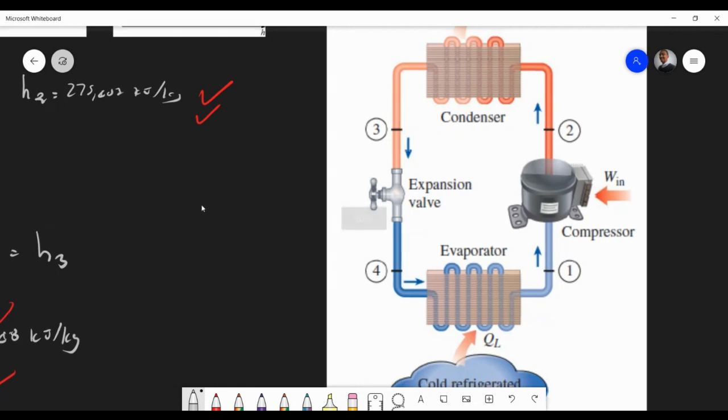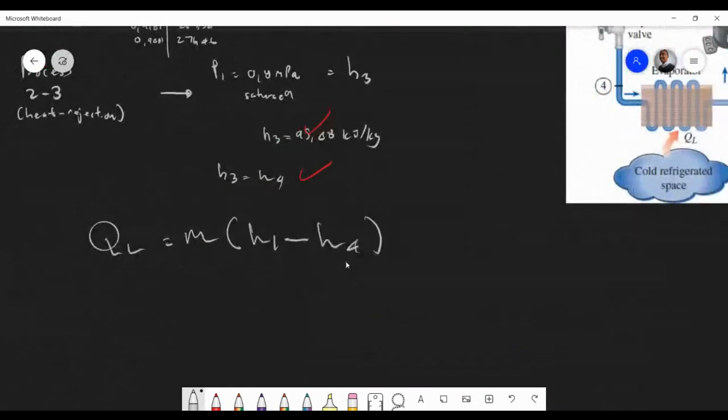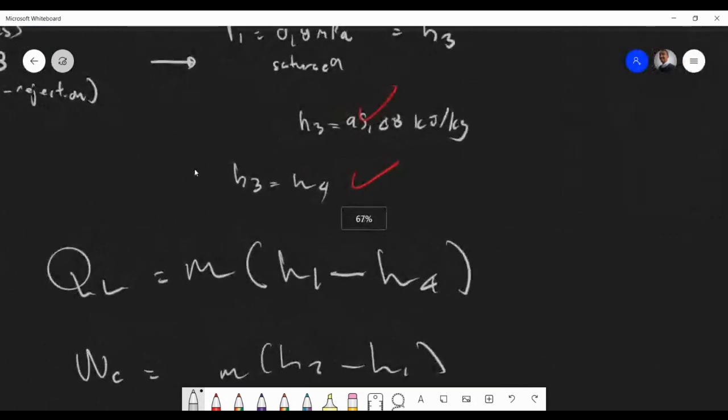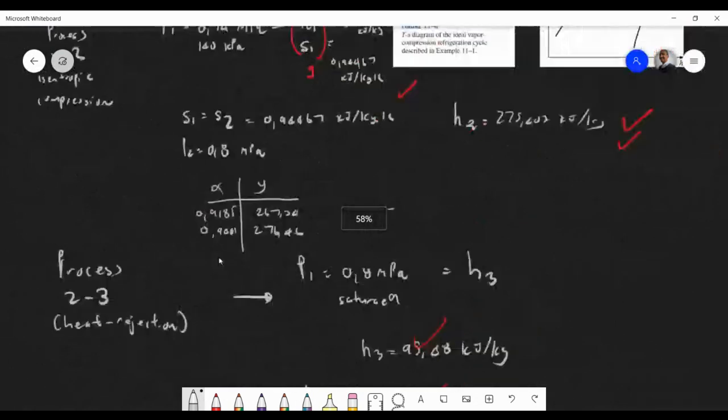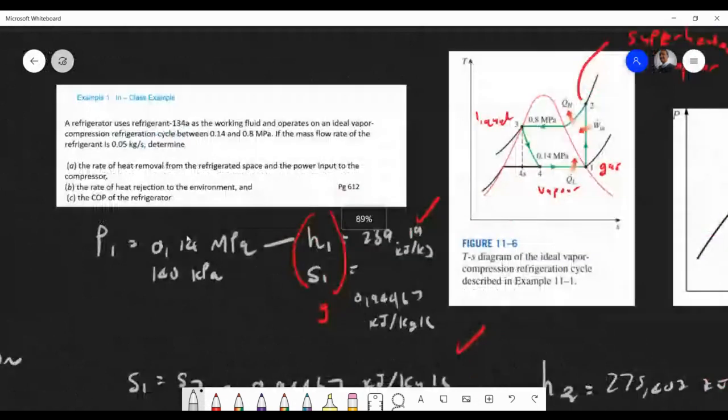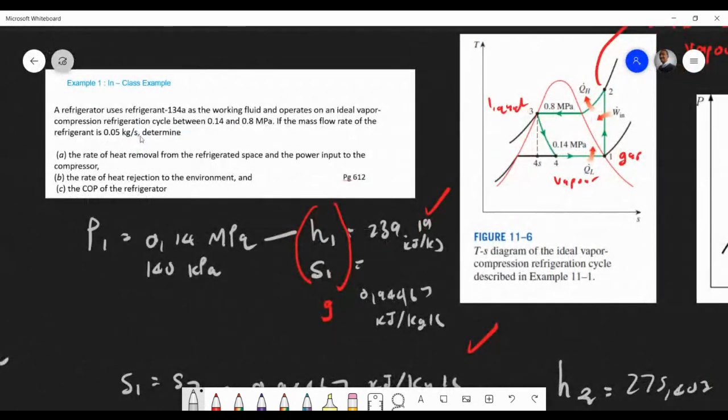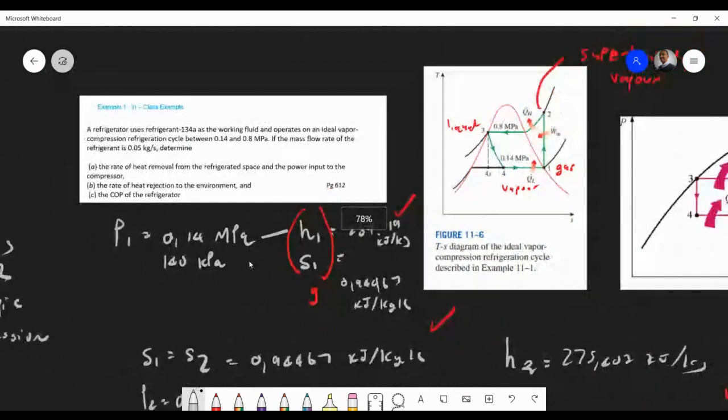Yes, 1 to 2, exactly. Child's play. So work of the compressor WC is H2 minus H1. Unfortunately here, they've given us our mass. Sometimes you have to work out that mass, and hopefully I can show you how to work that out. It's not really that difficult. You have to work out the mass flow of the refrigerant.